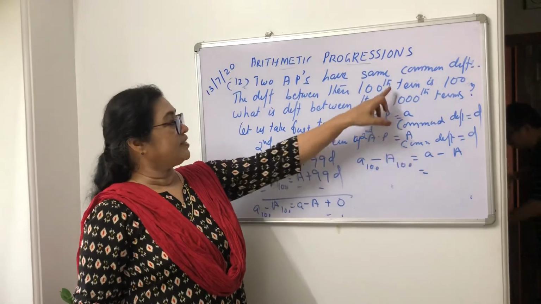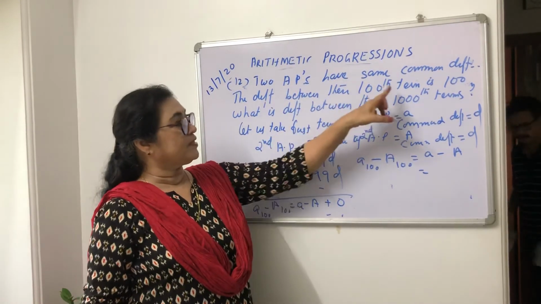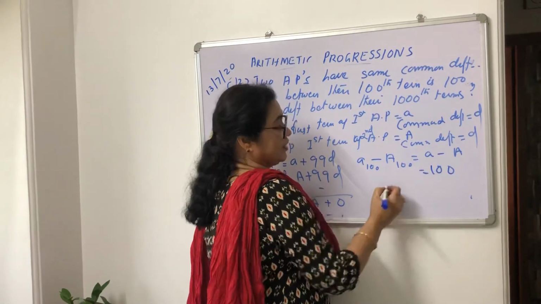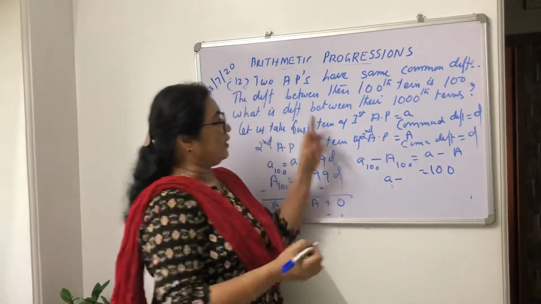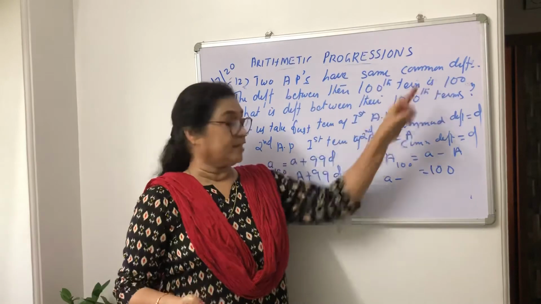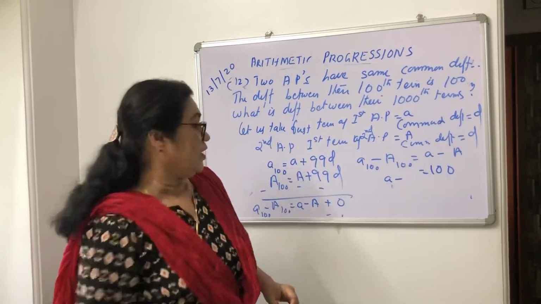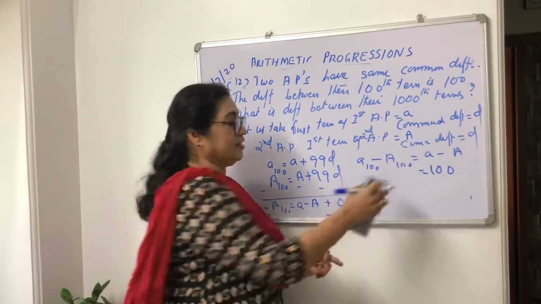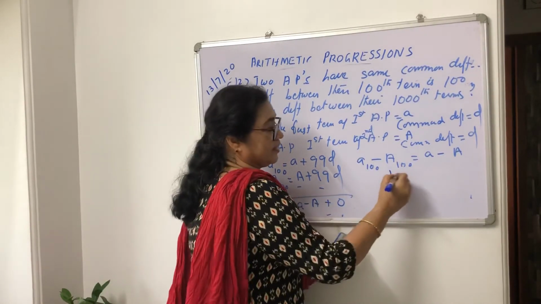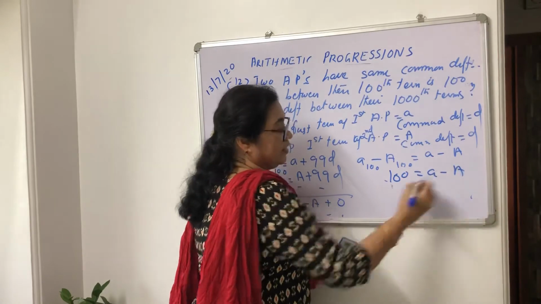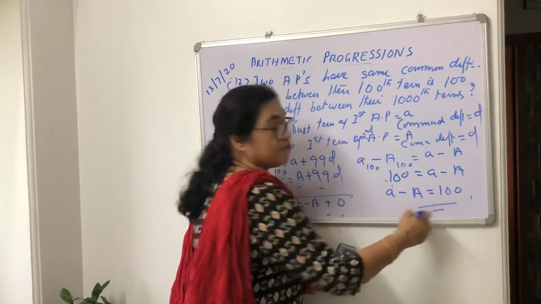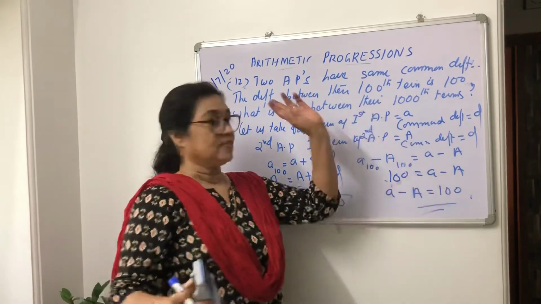It is given that the difference between their 100th terms is 100. Therefore a minus A is 100. So the difference between their first terms is 100.